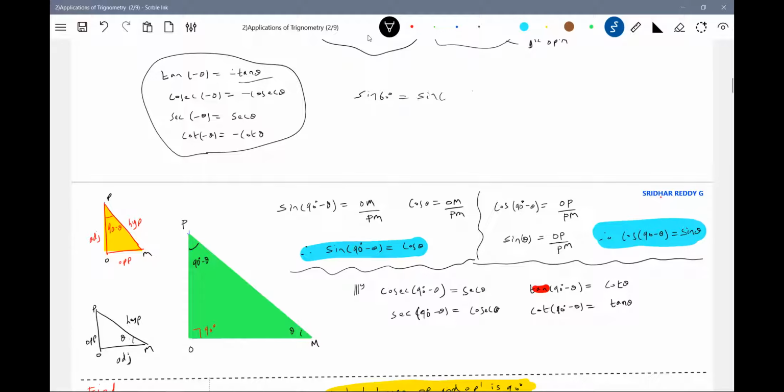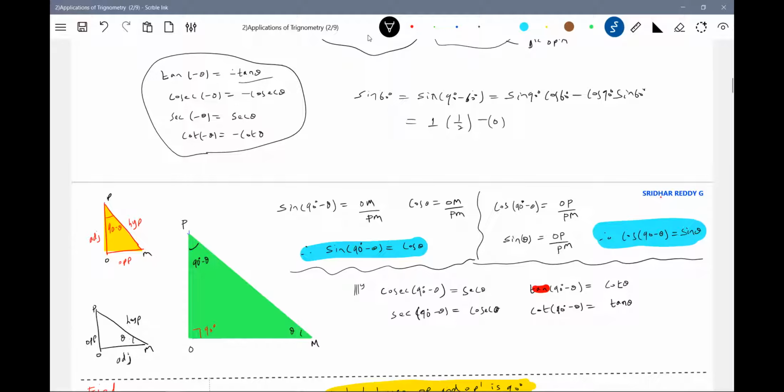Can I write it as sine of (90 degrees minus 60 degrees)? So this will become sine 90 cos 60 minus cos 90 sine 60. What is the value of this? We'll simplify. Sine 90 is 1, cos 60 is 1 by 2.